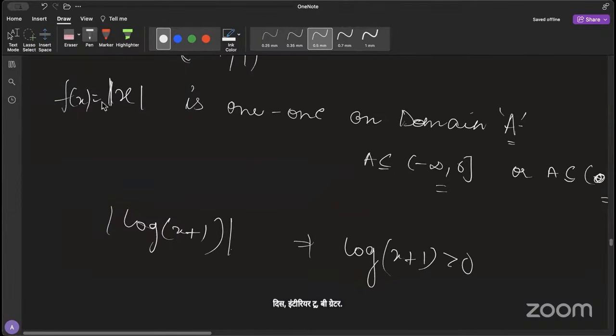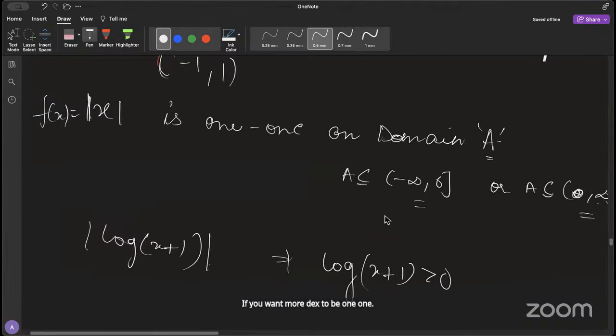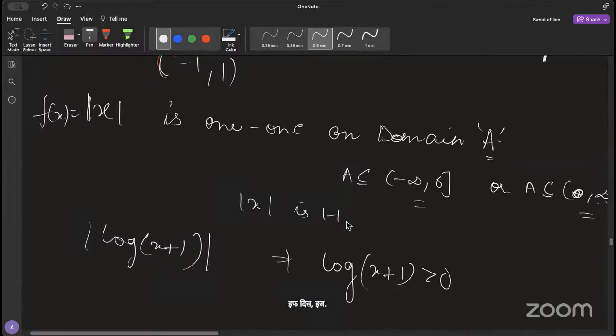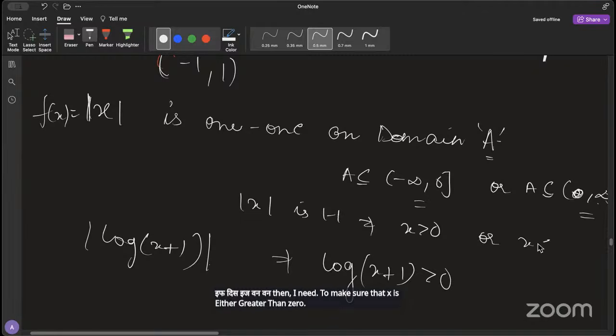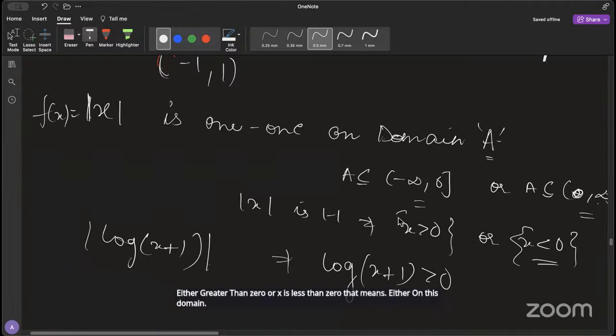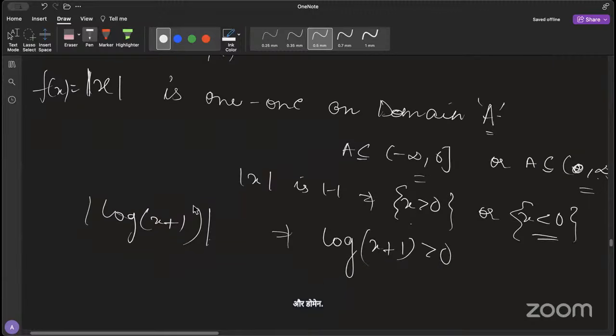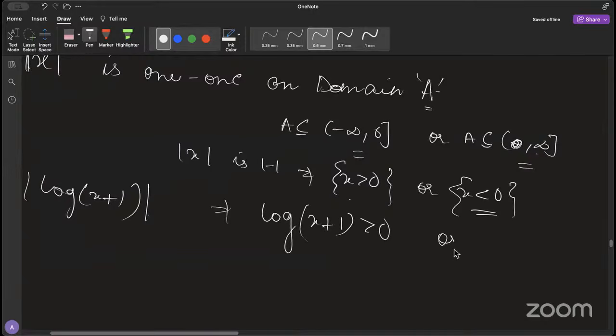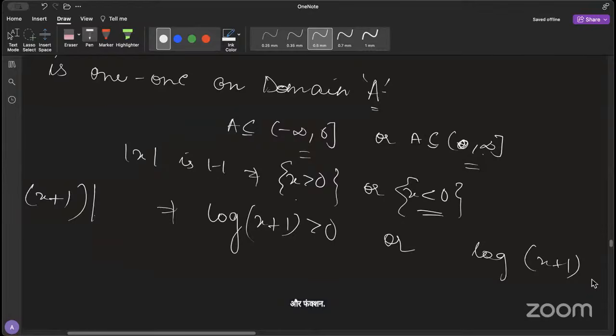If you want mod x to be 1-1, then I need to make sure that in my domain, all the x's are either greater than 0 or less than 0. That means either on this domain it's 1-1, or on this domain it's 1-1. That means this function is 1-1 either on the domain where log of x plus 1 is greater than 0, or it's 1-1 when log of x plus 1 is less than 0, right?